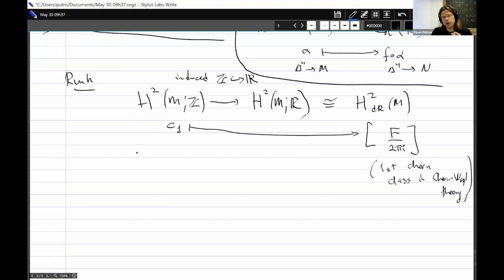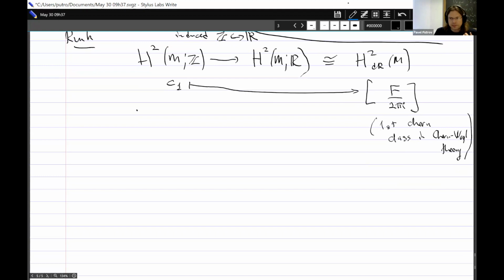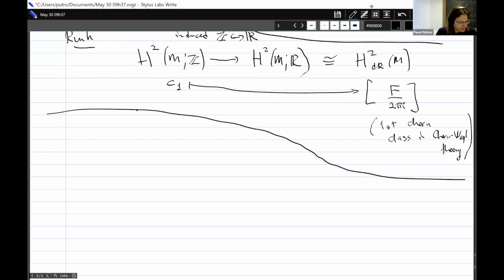But again, as I mentioned before, this Chern class with integer coefficients in general contains more information.